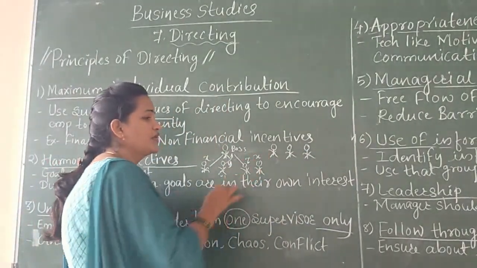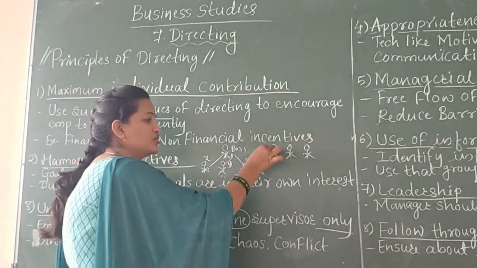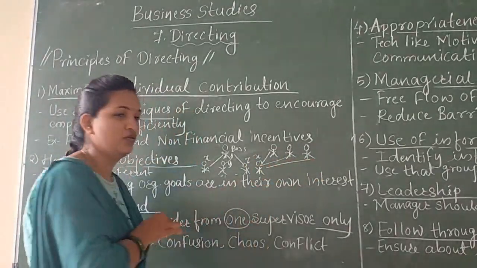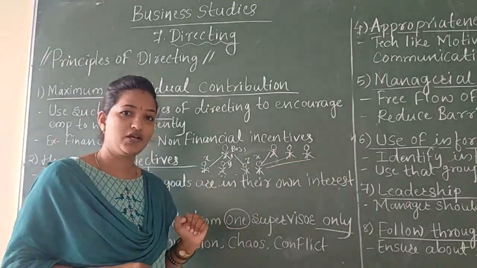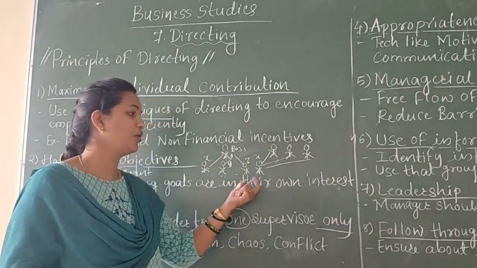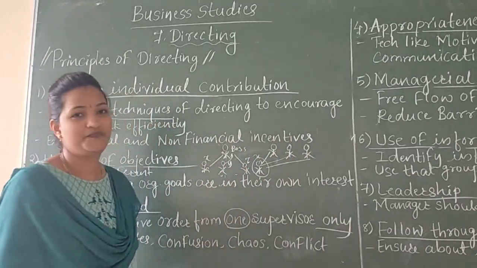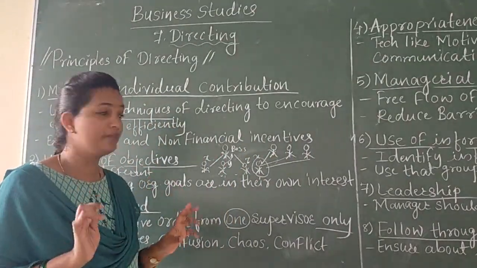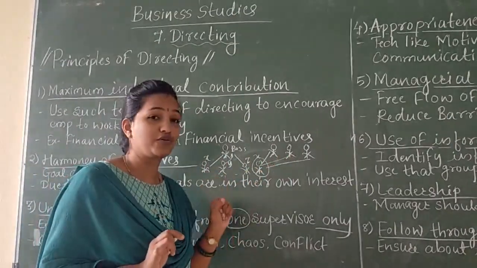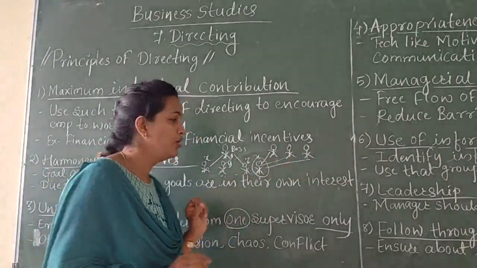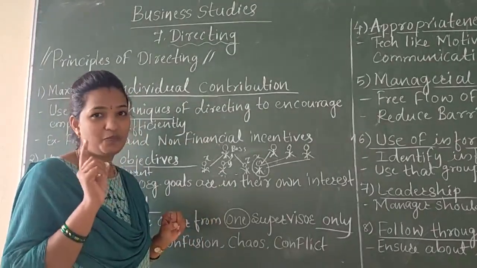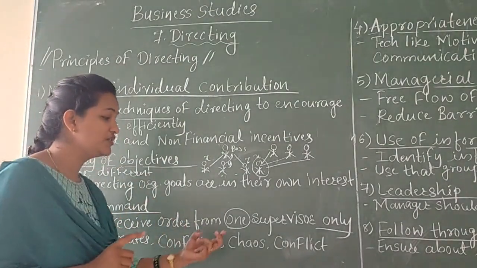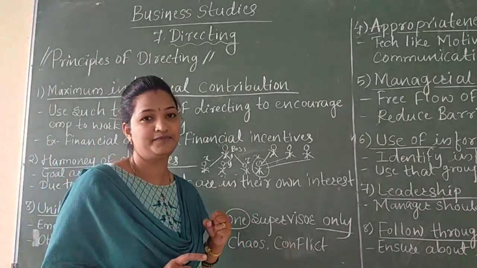Employee X takes instructions from this boss and from that boss also. Three supervisors are giving orders to a single employee. If the boss is single for n number of employees, no problem. But if supervisors are more for a single employee, there may be a problem. Otherwise it creates confusion, chaos or conflict.